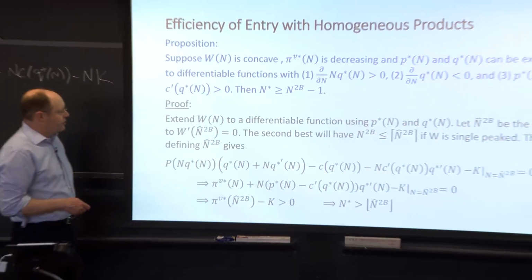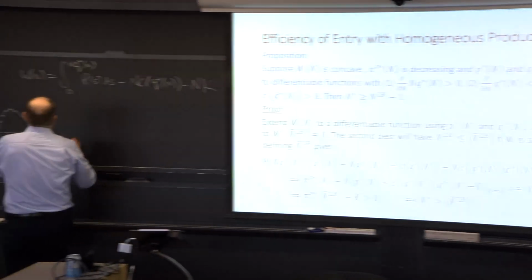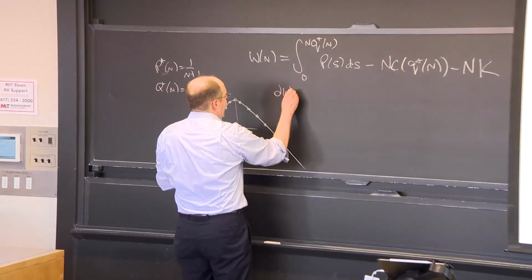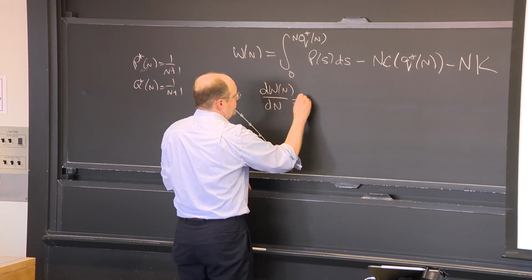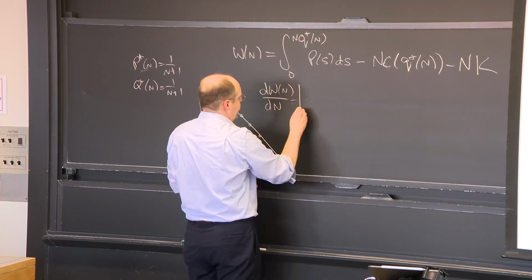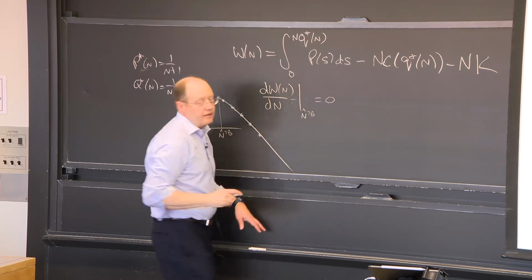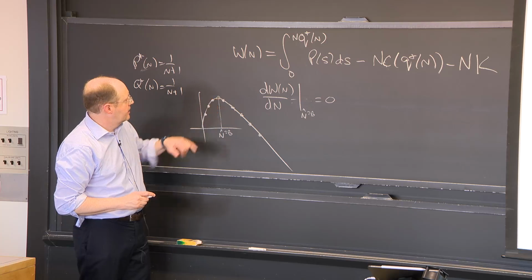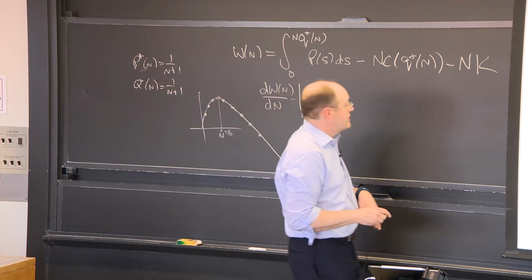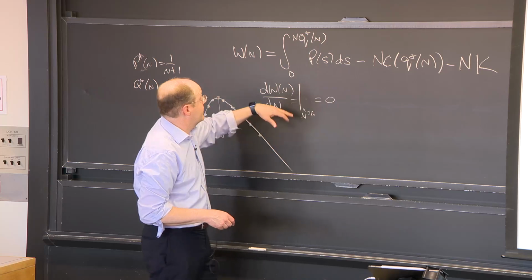So what is the first order condition defining n hat second best? Well, it's dW of n over dn, evaluated at n hat second best, equals 0. That's what determines this point here. What does that derivative look like? I differentiate this expression with respect to n.